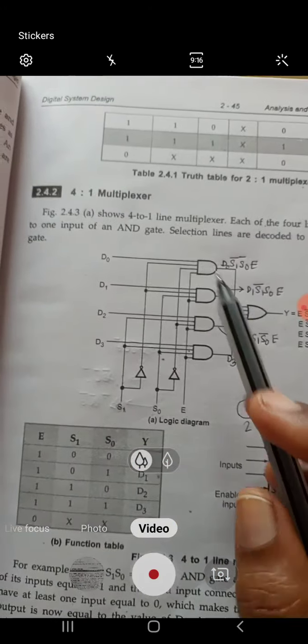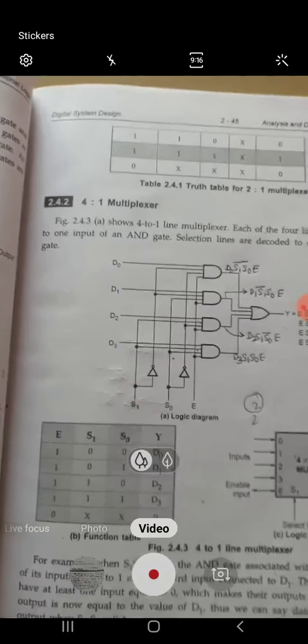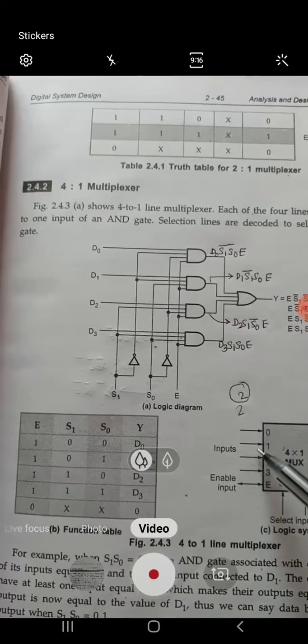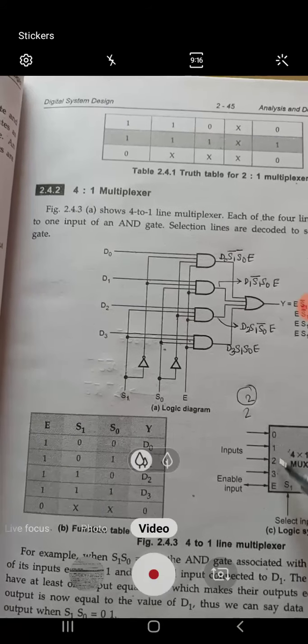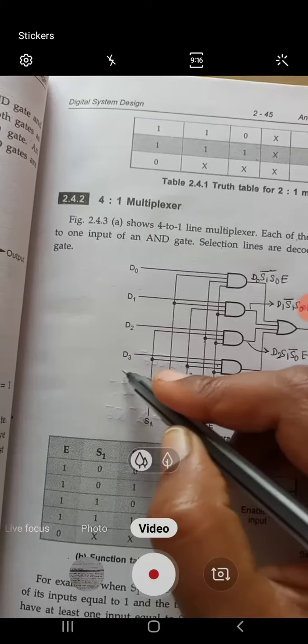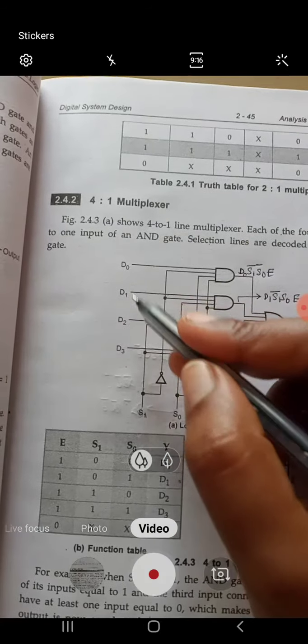Similarly, you are going to expand the diagram to a 4:1. As this, you can see 0 1 2 3. Instead of writing 0 1 2 3, I will write D0, D1, D2, D3. These are nothing but the digital inputs.